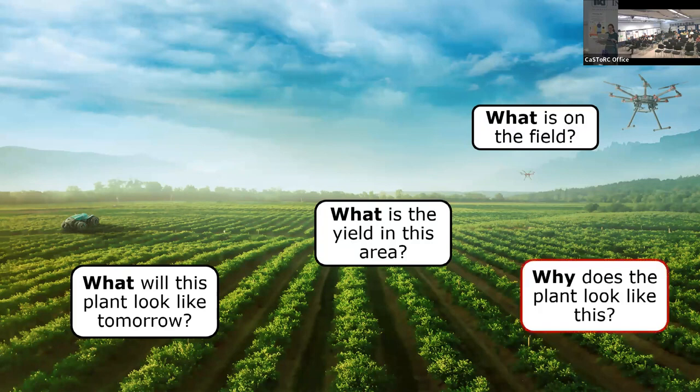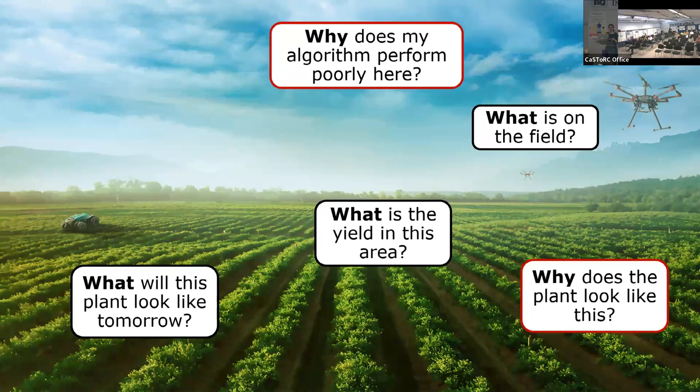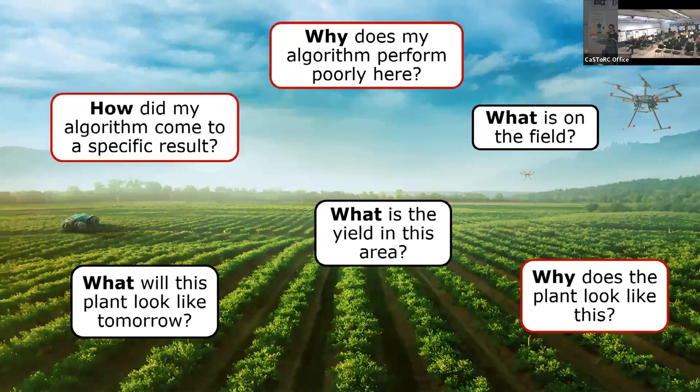For example, why does the plant look like this? Or why does my algorithm perform poorly here? Or how did my algorithm come to a specific result? And for the major part of my talk, I will specifically focus on these why and how questions and how they can be addressed with explainable machine learning and also with generative models.